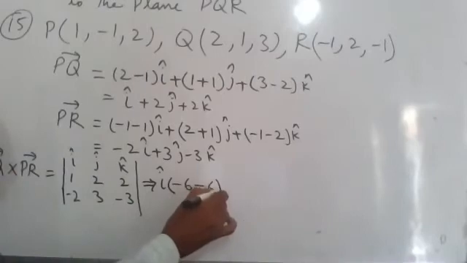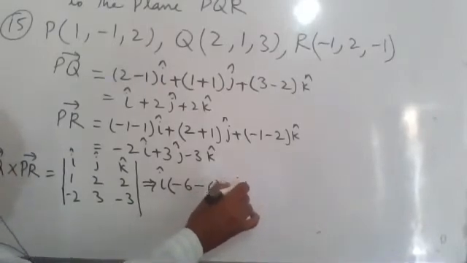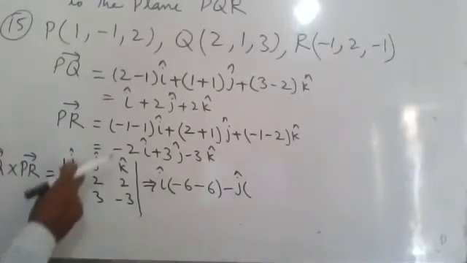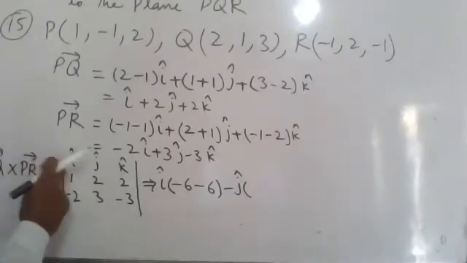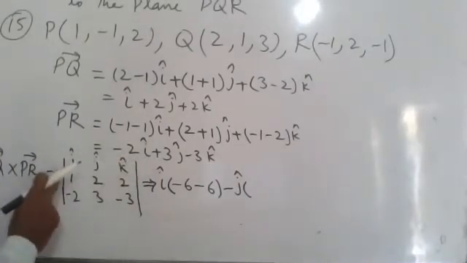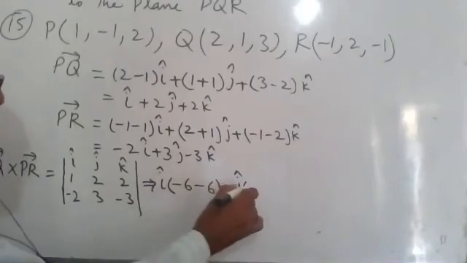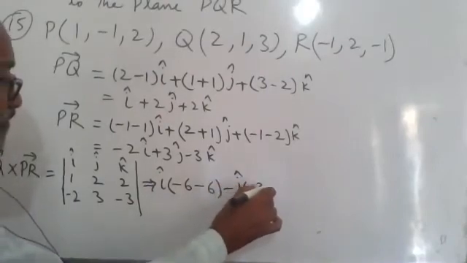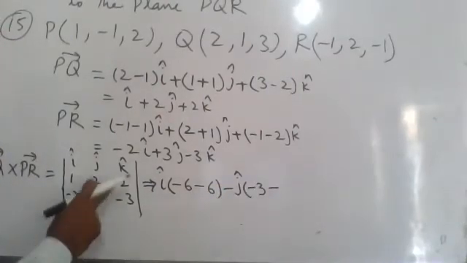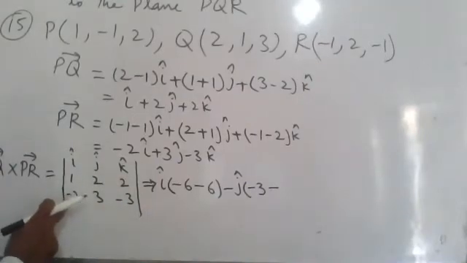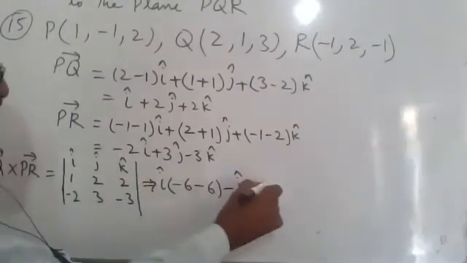Now minus j. We leave the column and row of j. 1 into minus 3 will be minus 3, minus 2 into minus 2 will be plus 4.